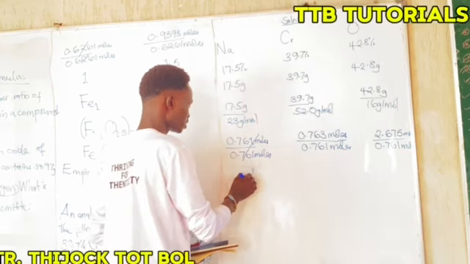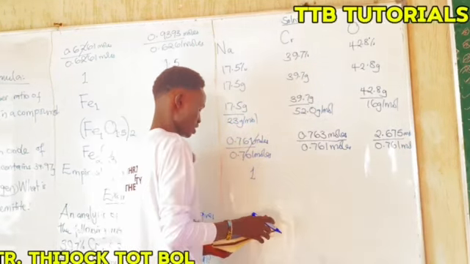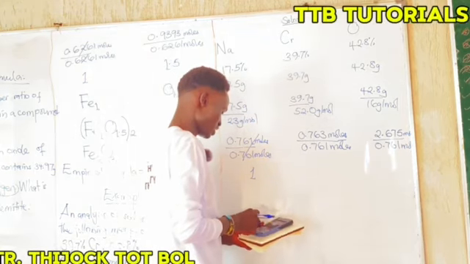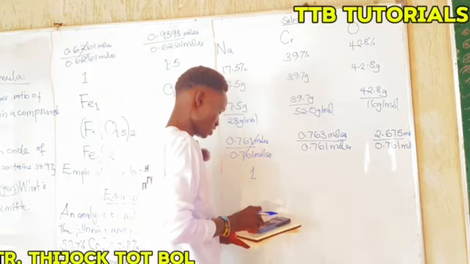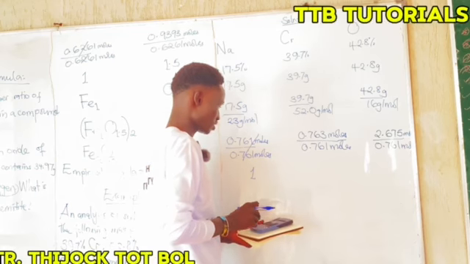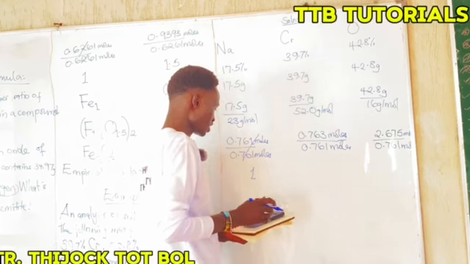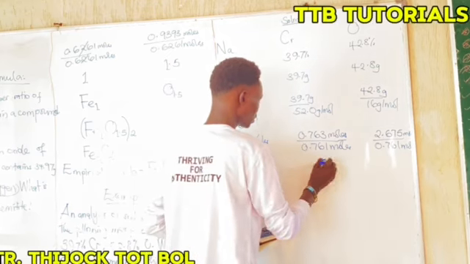This will give us 1. Then this 0.763 divided by 0.761, we are also getting 1.